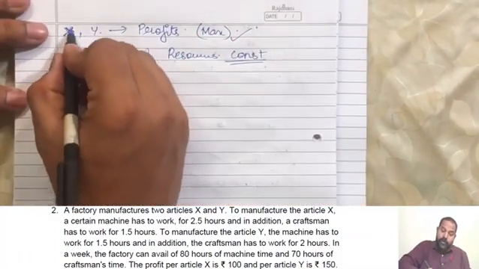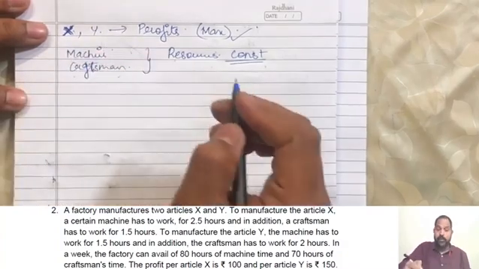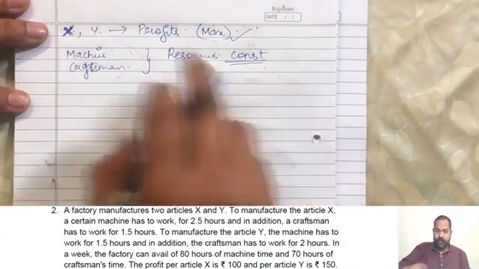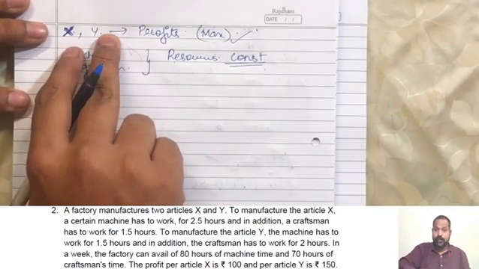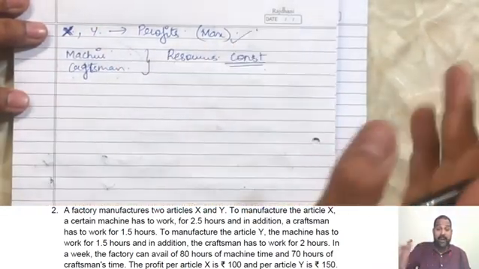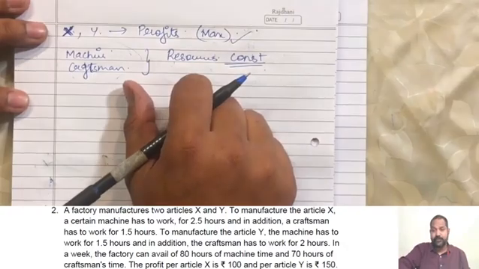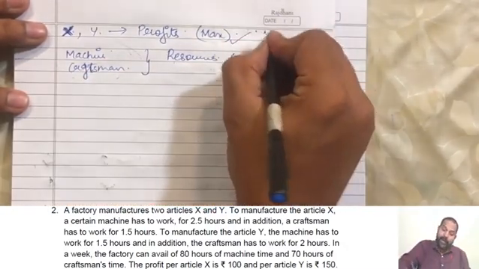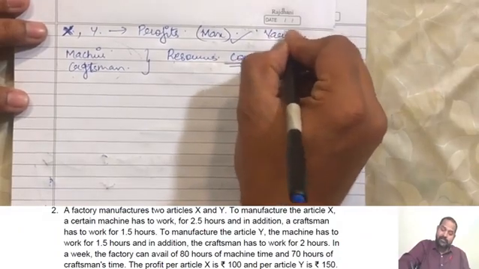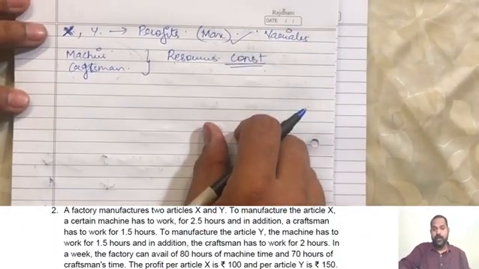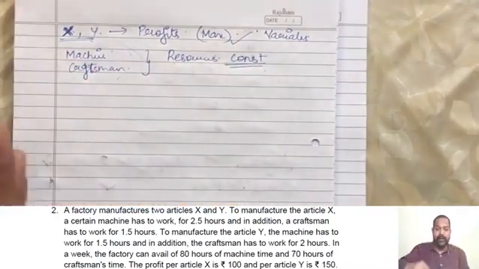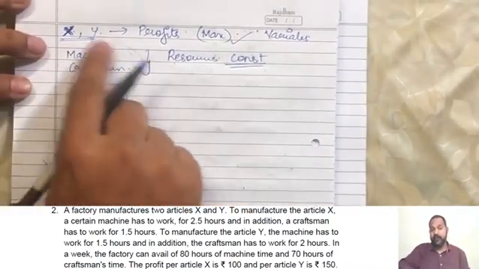Whoever's profit you have to maximize become your objectives. X and Y, I have to maximize the profit of X and Y. Then X and Y become my variables. And producing X and Y is being limited by the machine and the craftsman time.